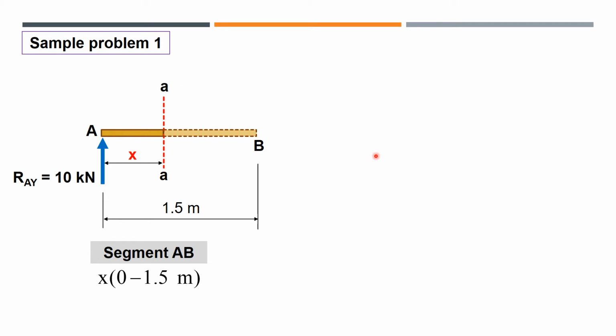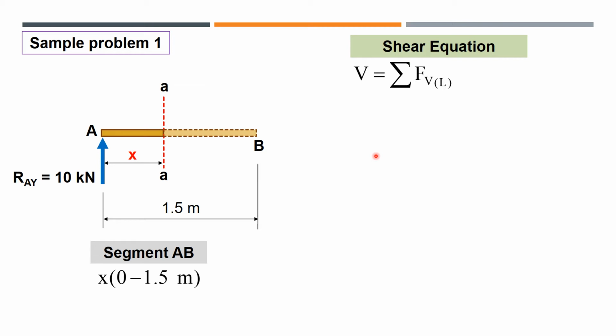So that, when you formulate the shear equation and you sum up all the vertical forces to the left of your imaginary cutting plane, it will include the reaction, which is 10 kilonewtons. So that is RAY, or 10 kilonewtons positive.